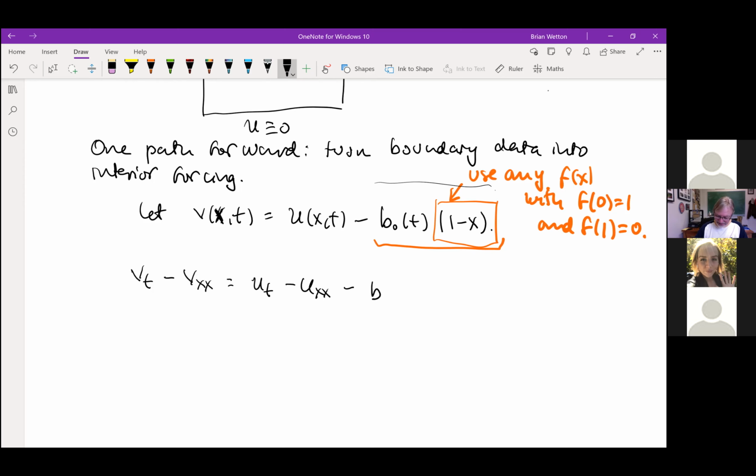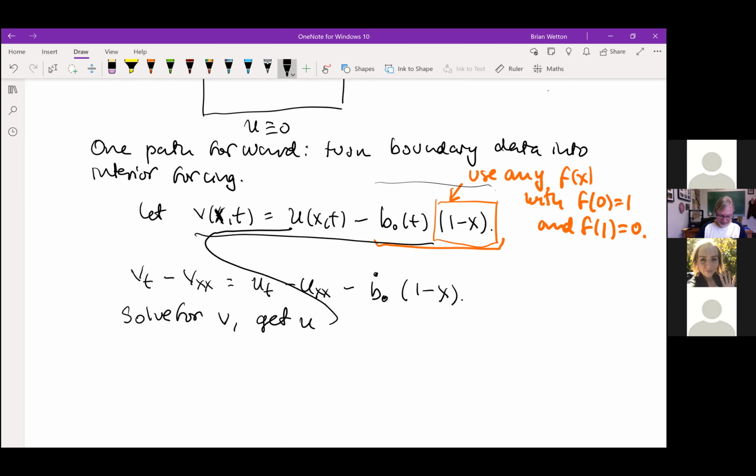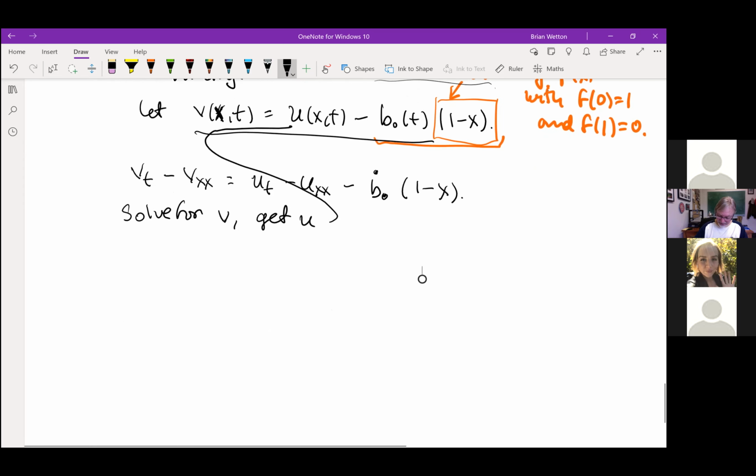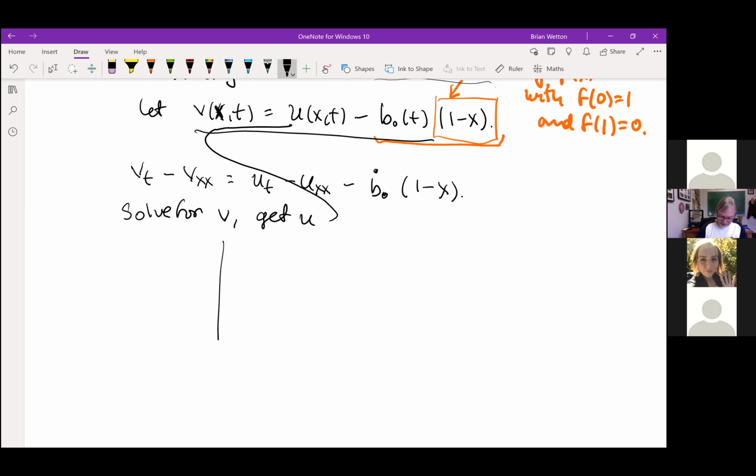So now I just get the time derivative of this quantity, right? And so now I can solve for V and then get u from this relationship. And V solves a nice problem.